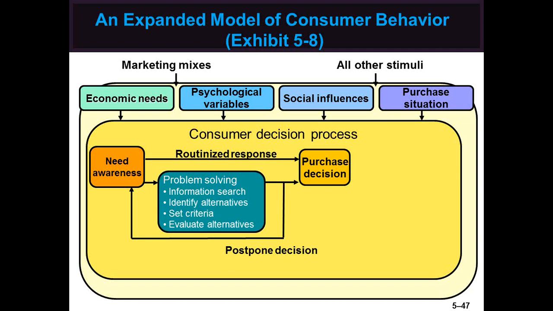This helps the consumer identify alternative ways of meeting a need and also decide what factors or decision criteria are important in making a decision. Then the consumer evaluates the alternatives and decides which purchase decision would be best.